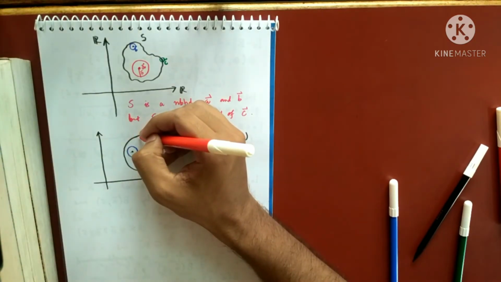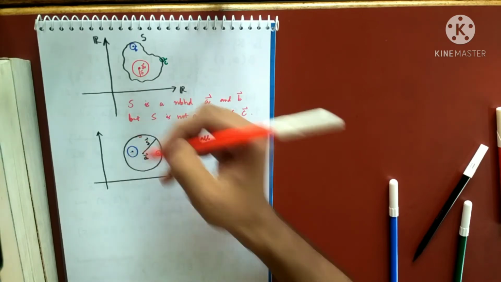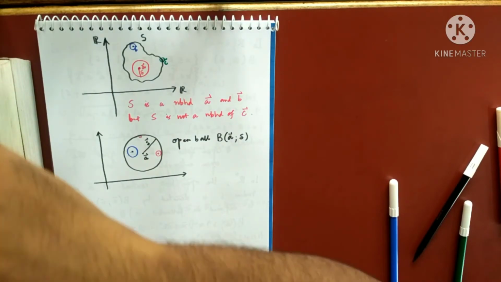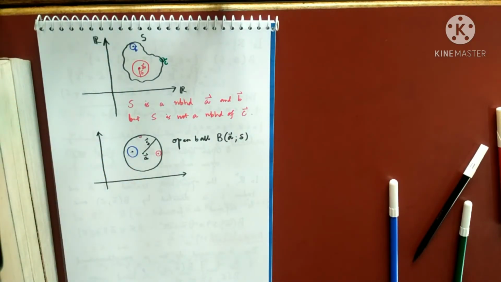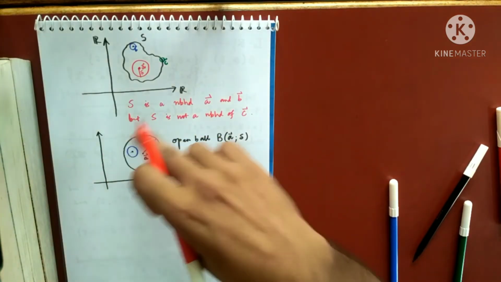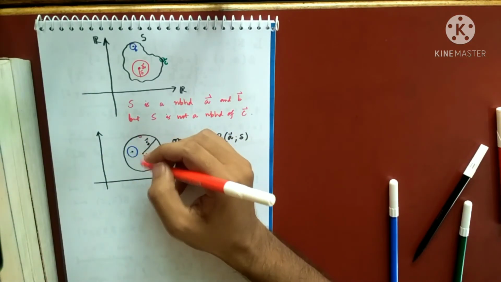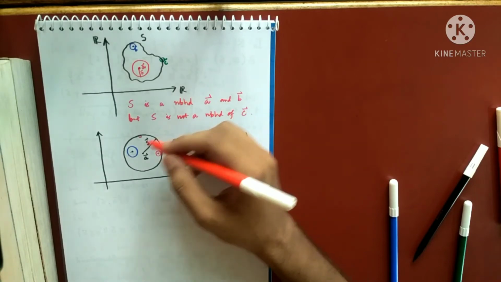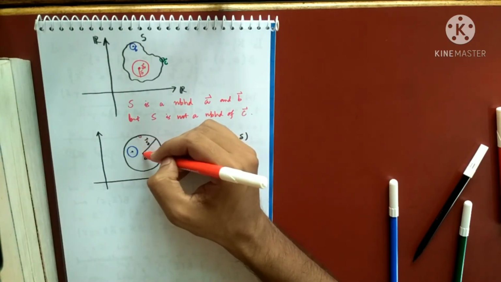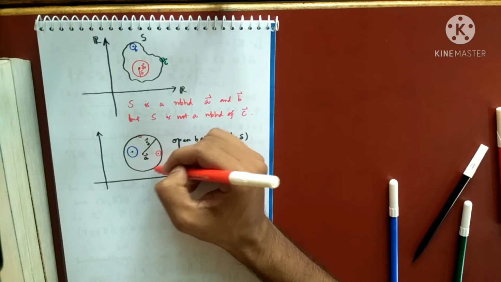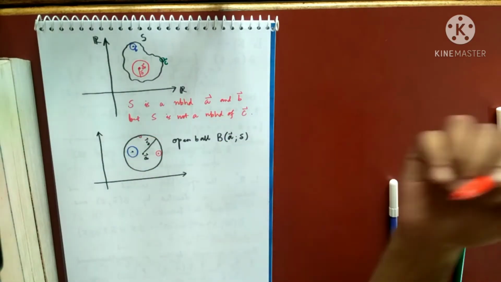So even if you take a point however close to the boundary, at the smallest distance from the boundary, you can just draw an open ball like this. Did you get my point? So it is clear that an open ball is a neighborhood of any of its points. You see it is the neighborhood of this point A as well. You consider the whole open ball itself. This is inside this, right?